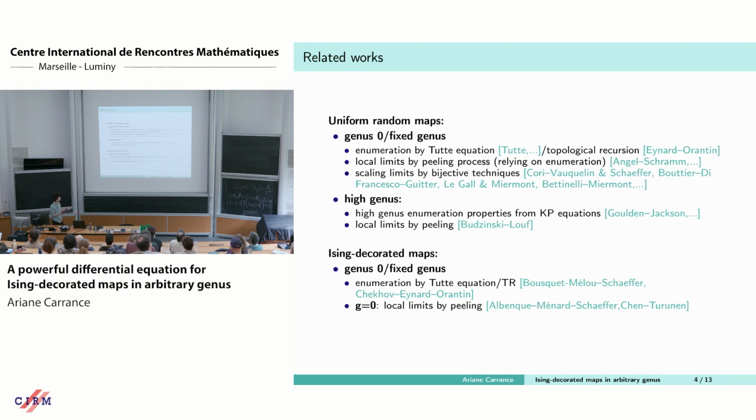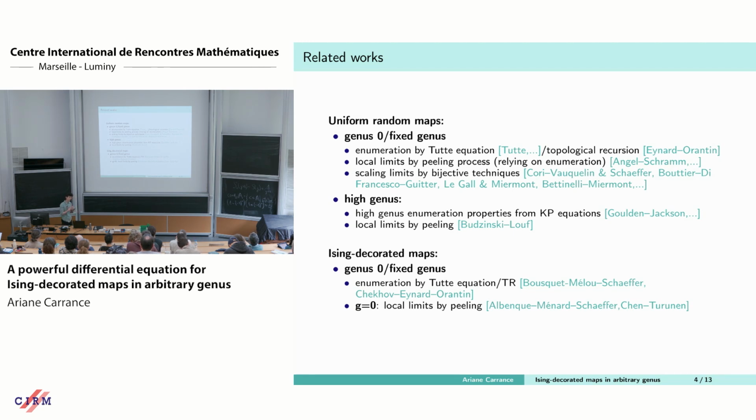So for maps picked uniformly at random, you have, first of all, very famous works by Tutte for the enumeration of maps of genus 0. And for maps of fixed but non-zero genus, you have lots of results from topological recursion.